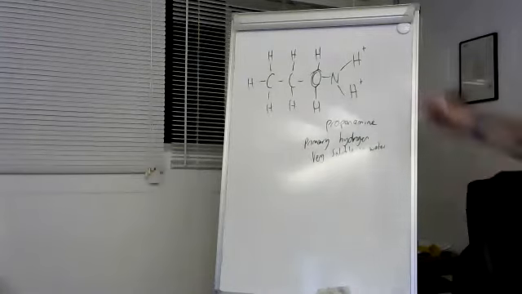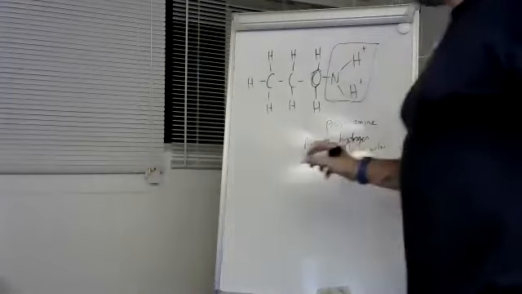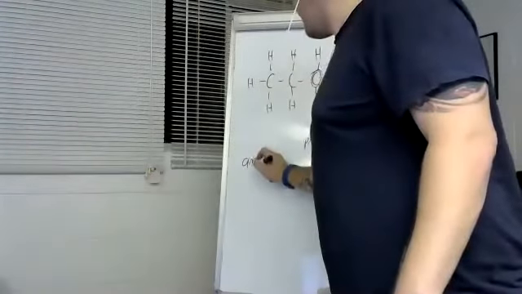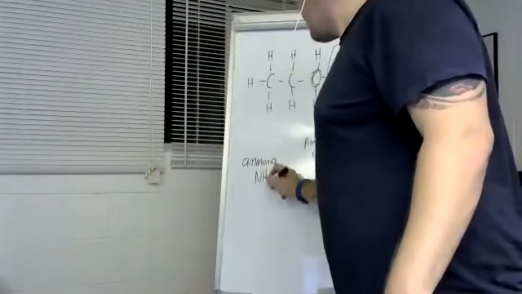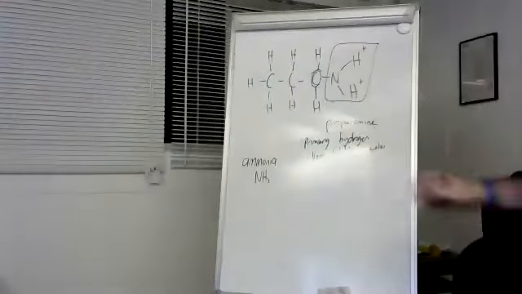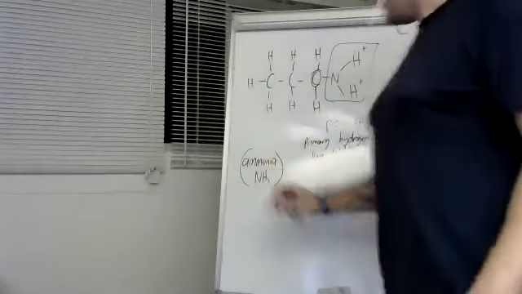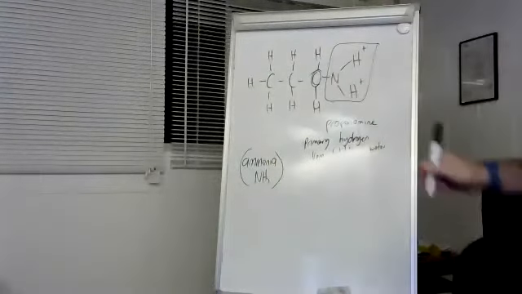To make the amine, or the NH2 group, we need ammonia, or NH3. We need a haloalkane.